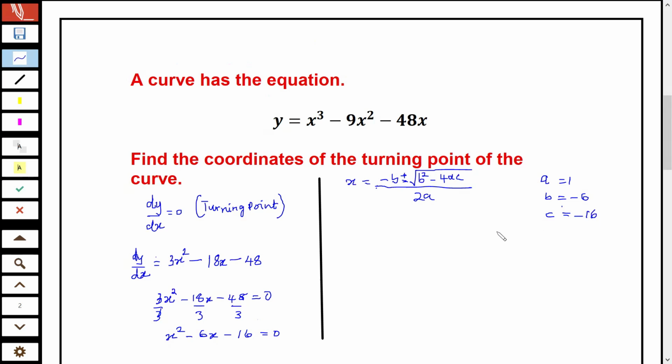So I'm now going to substitute these values into the quadratic formula.